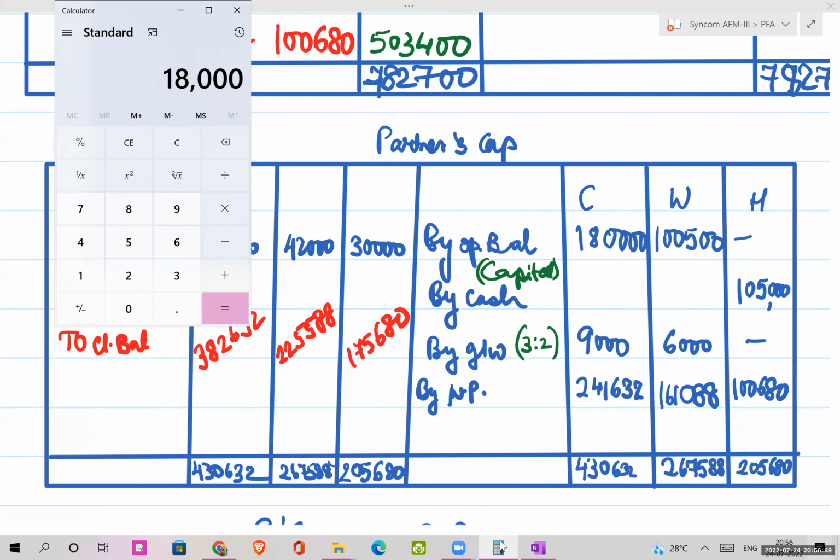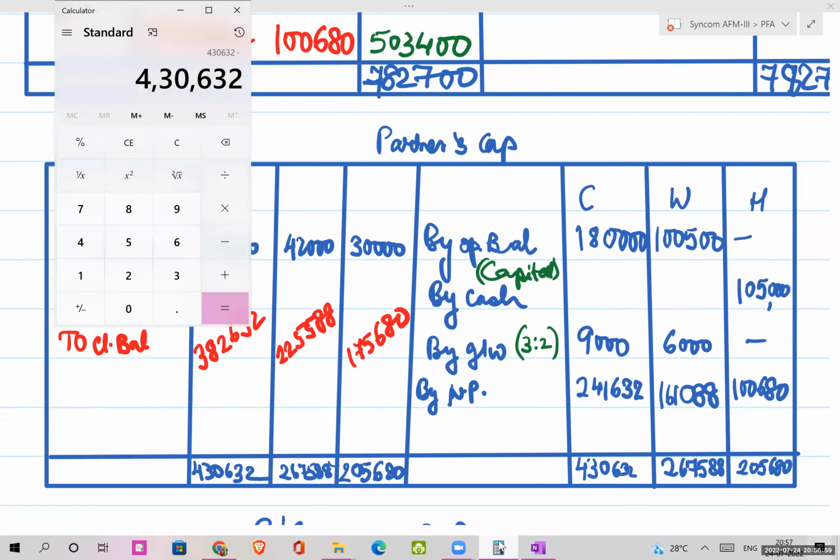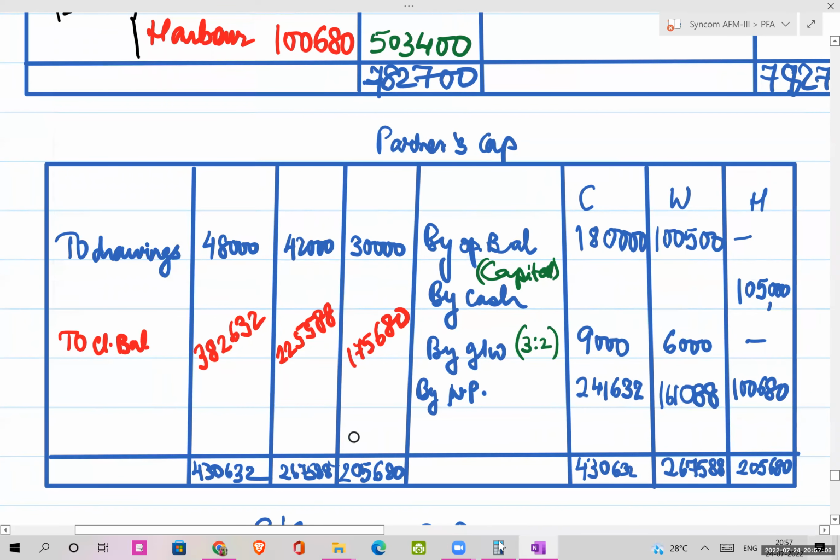Next, 1,80,000 plus 9,000 plus 2,41,632 minus 48,000 gives 3,82,632. Okay, where will all these balances go?